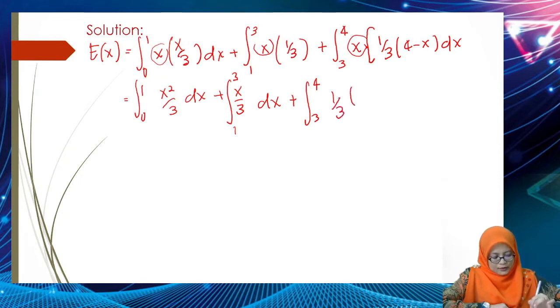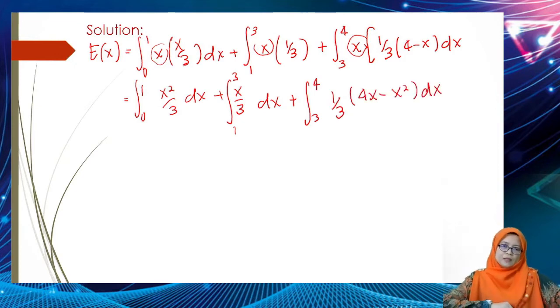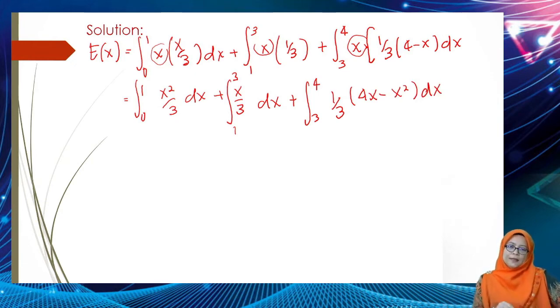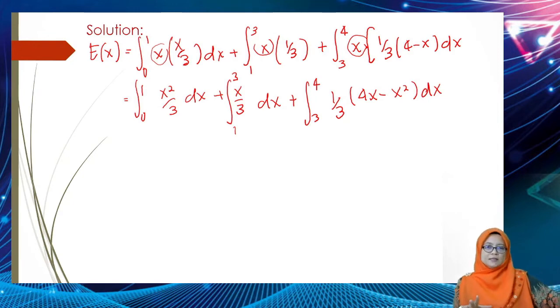So ini awak ada function 4x minus x square dx. So selalunya awak punya integration dalam topik ni integration function yang simple-simple je, tak ada yang macam topik 1 tu.